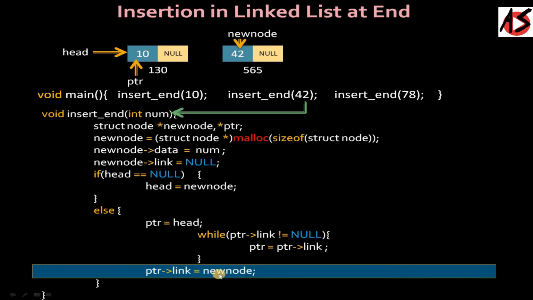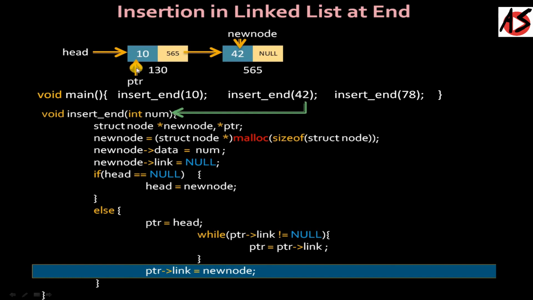That means this is the pointer and this is the link part. In the link part we have to point to the new node address, that is 565. So now 565 is the link part of the PTR node.